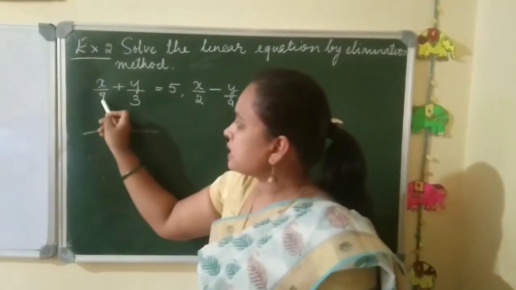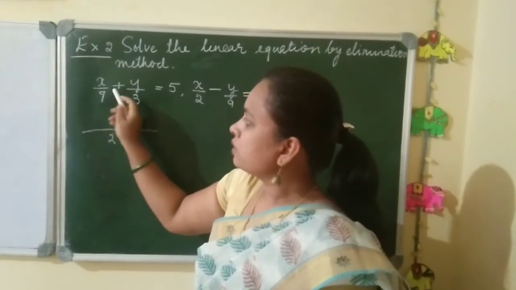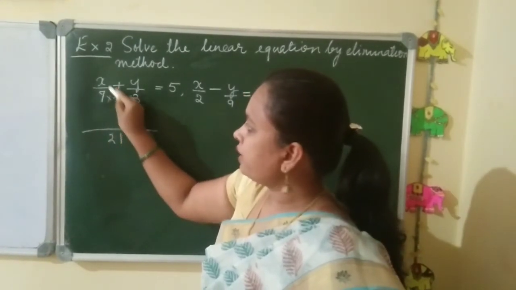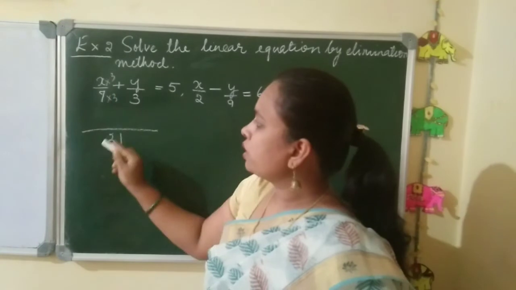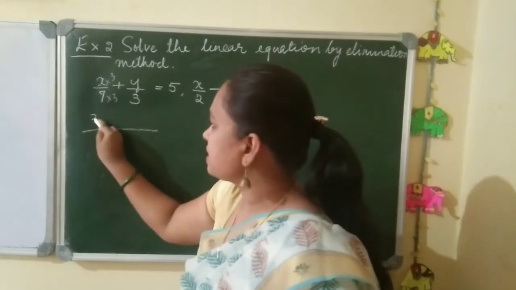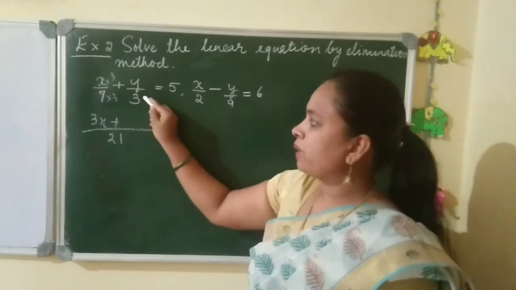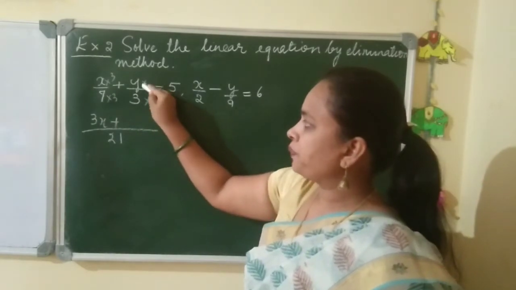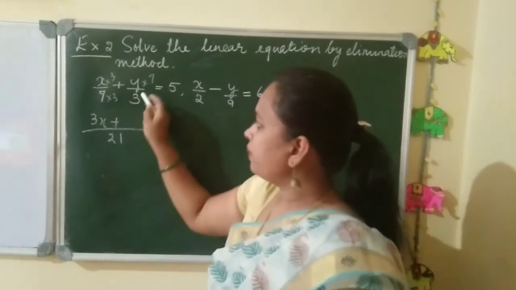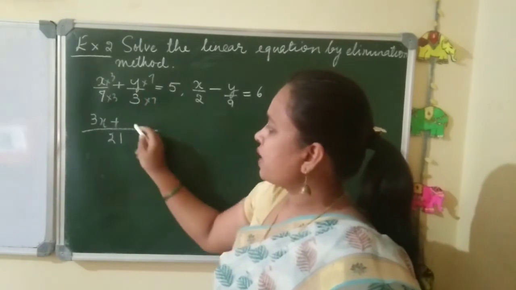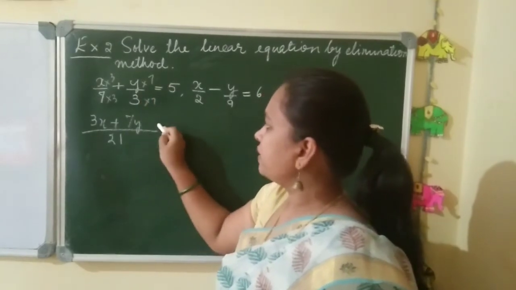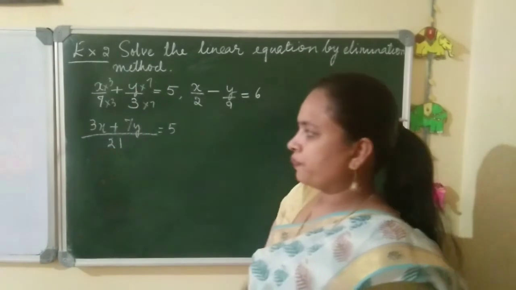So now 7 should be multiplied with 3 to get 21. So here you have to write it as 3x plus. Now 3 should be multiplied with 7. So here it will be y into 7, that is 7y, that is equal to 5.